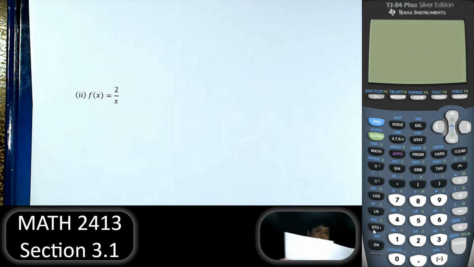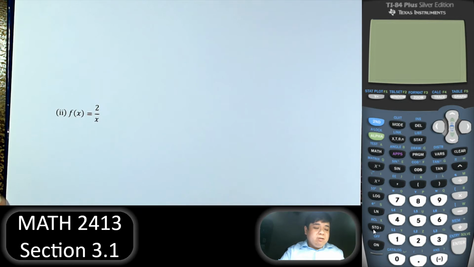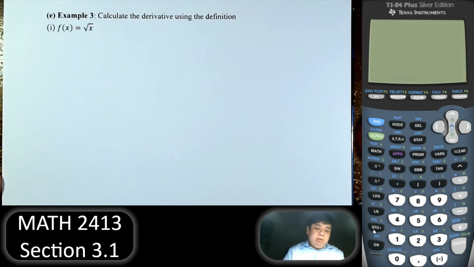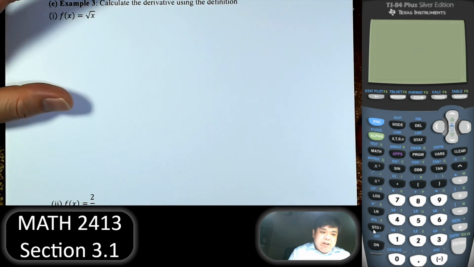So we will spend the whole later part of chapter 3 on how to find the derivative. But for now, we use the definition to find the derivative. Right.